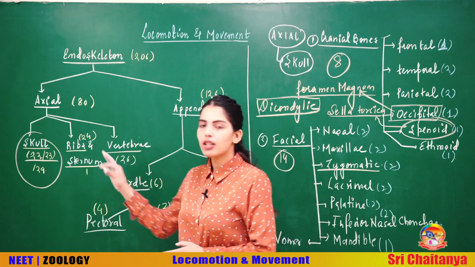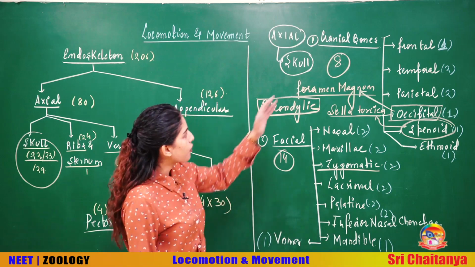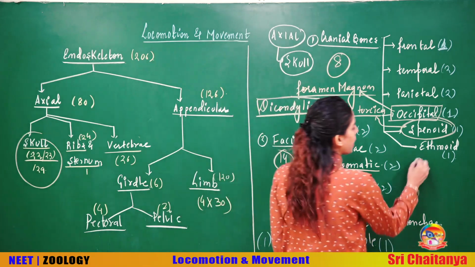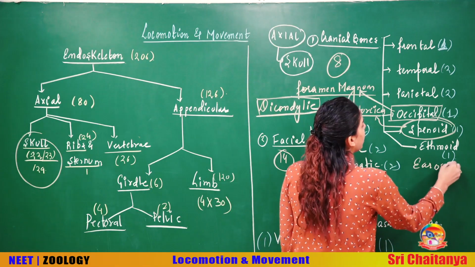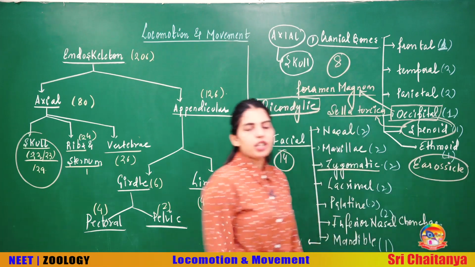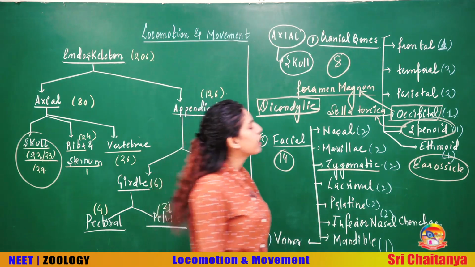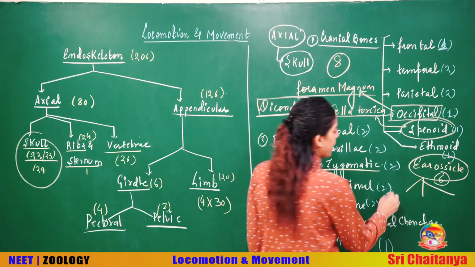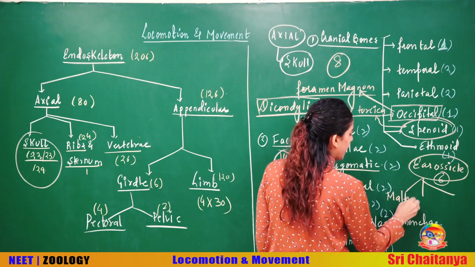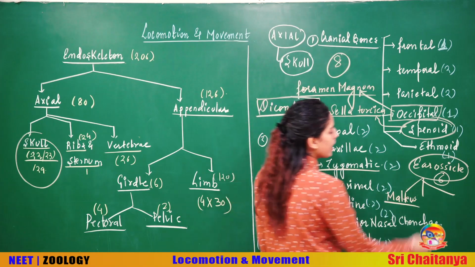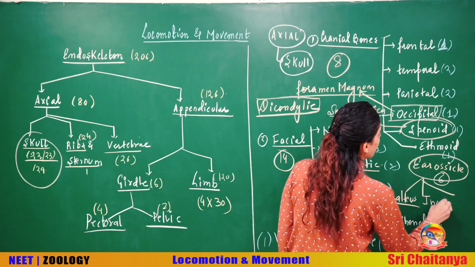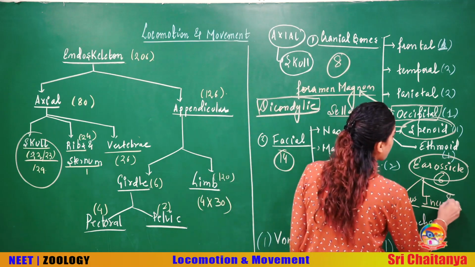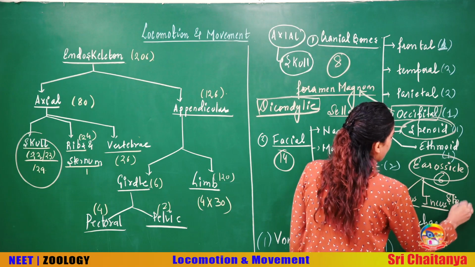Talking about the next part of the skull, I have just mentioned cranial bones and facial bones. The next part is your ear ossicles. In the middle ear you have 3 bones in one ear, 3 in the other ear. So you have 6 ear ossicles, namely the hammer shape malleus, which articulates with the anvil shape incus, and that articulates with the smallest bone, the stirrup shape stapes.